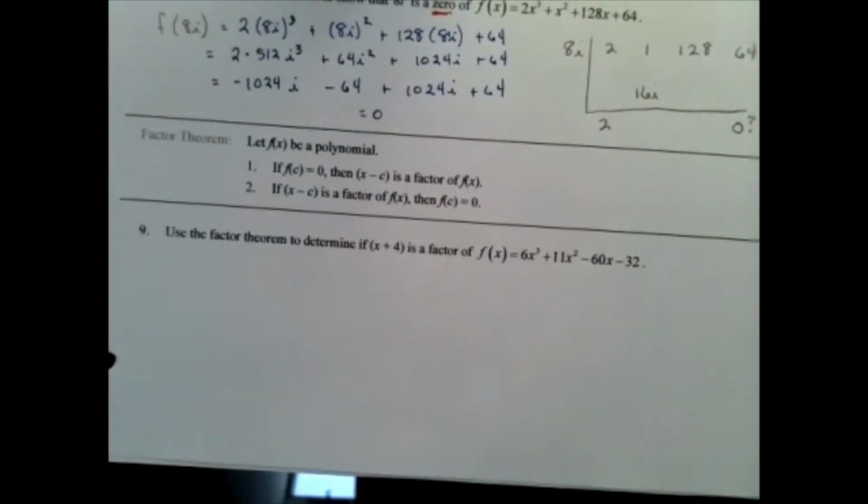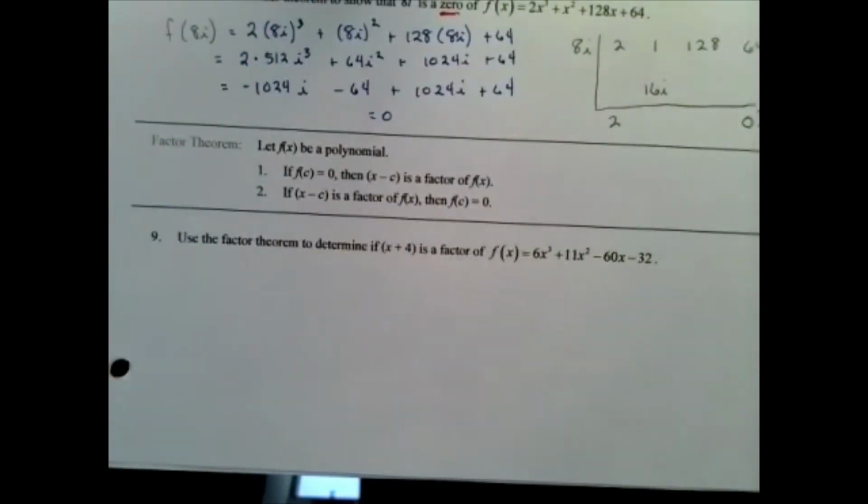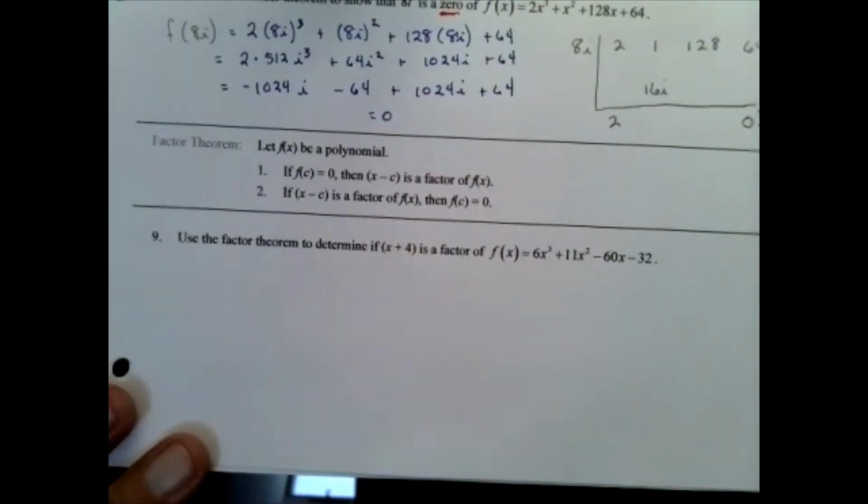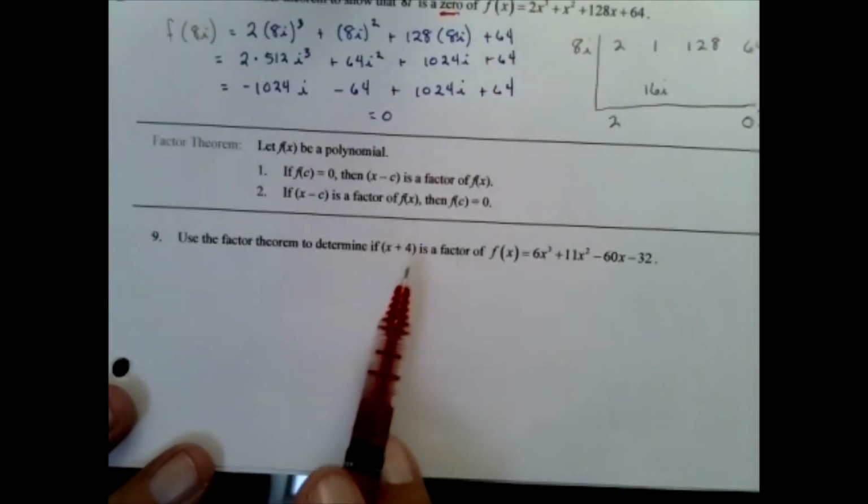Factor theorem. Once again, this is trying to show that something's a factor, because if I plugged in, and this is now taking it another step. We mentioned this up above or on the piece of paper that I had before. I want to know if this is a factor.